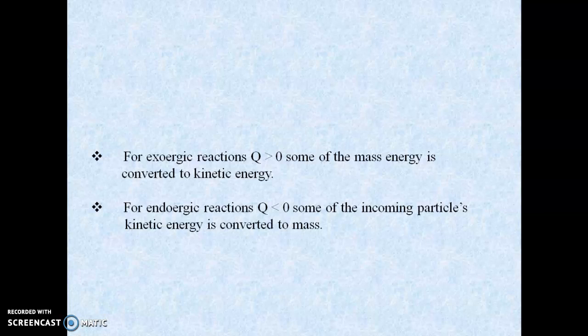That means we have to supply some external energy for the reaction to take place in the endothermic reaction, not like in the case of an exothermic reaction where heat is evolved. Whereas in endothermic, we have to supply some energy for the reaction to take place.